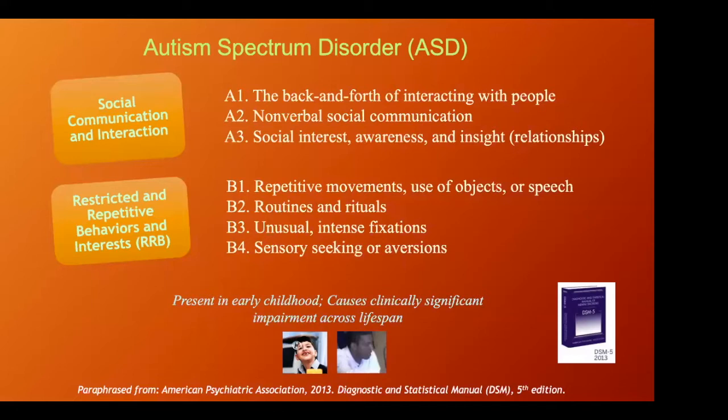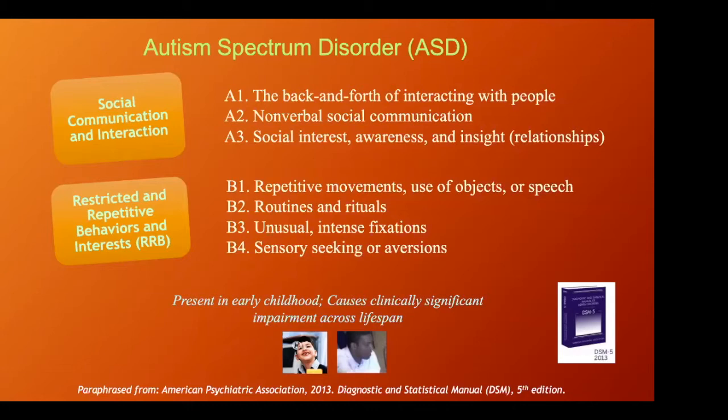This is a paraphrase of the DSM criteria because it's a lot simpler than the big long criteria. When diagnosing autism, all three of the social communication and interaction behaviors should be present, either currently or by history, and significant enough to have occurred early in life and cause clinically significant impairment.